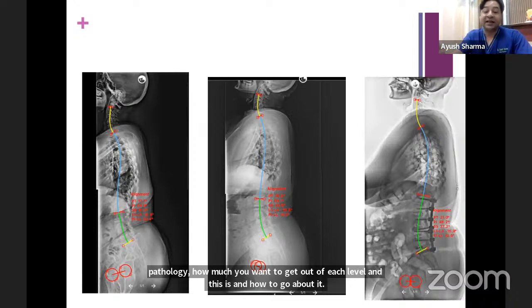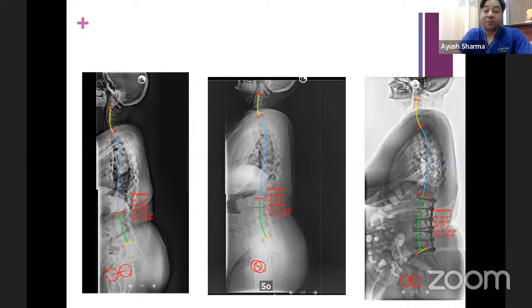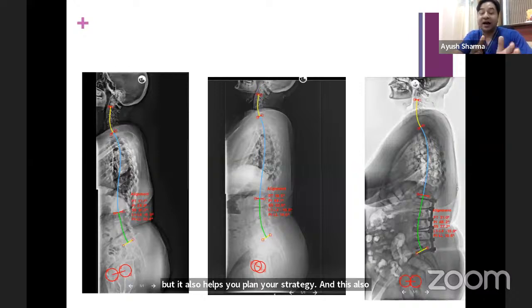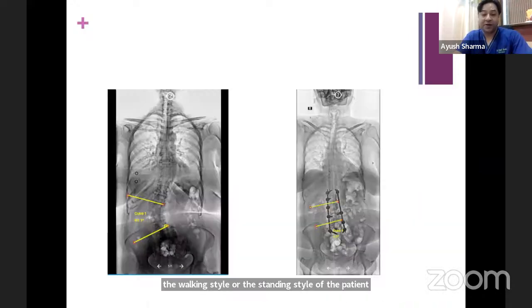So these X-rays not only help you diagnose the problem, but also help you plan your strategy. Although MRI and CT scans are there, this is the only thing which represents the walking or standing posture of the patient. That's why I suggest each and every one of you should always try to get a standing full-length X-ray of a patient.